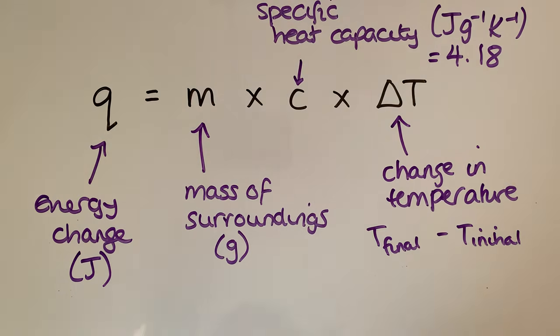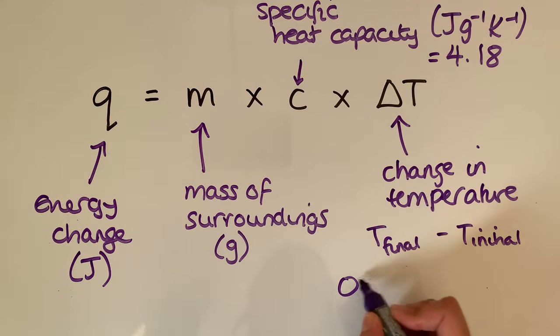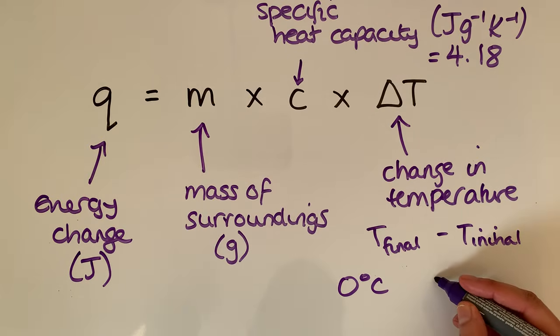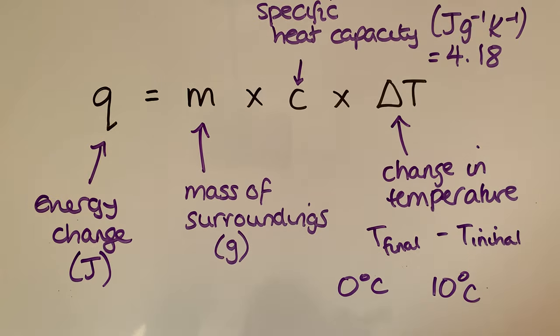So if I just run through an example of that, if I have an initial temperature reading of 0 degrees Celsius and the final temperature reading is 10 degrees Celsius, my delta T here works out as 10 degrees Celsius. If I converted these to Kelvin, so to convert to Kelvin, I add 273. So this one's going to be 273 Kelvin.